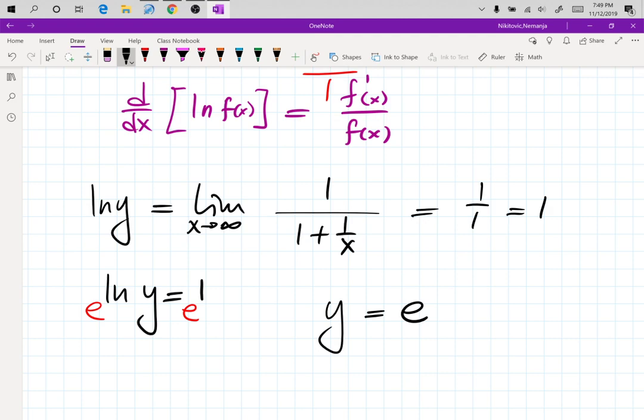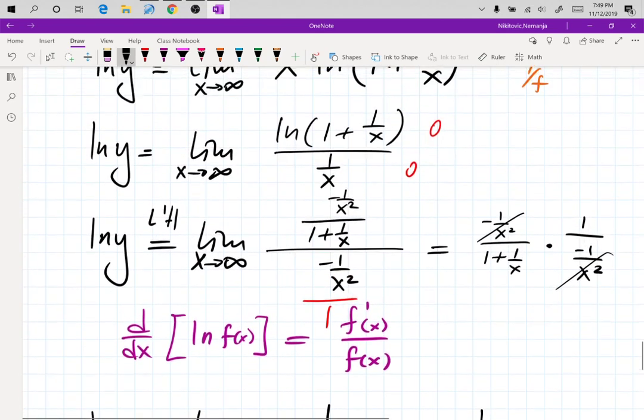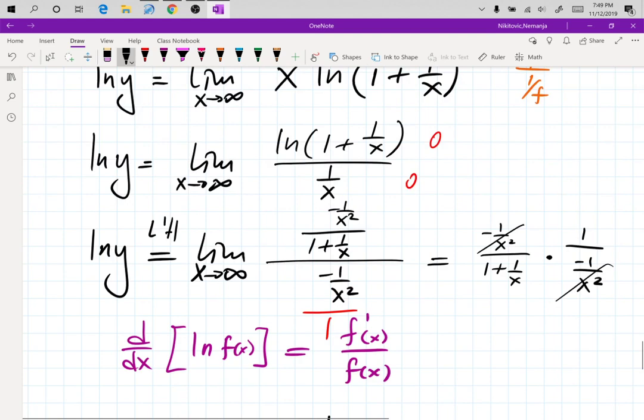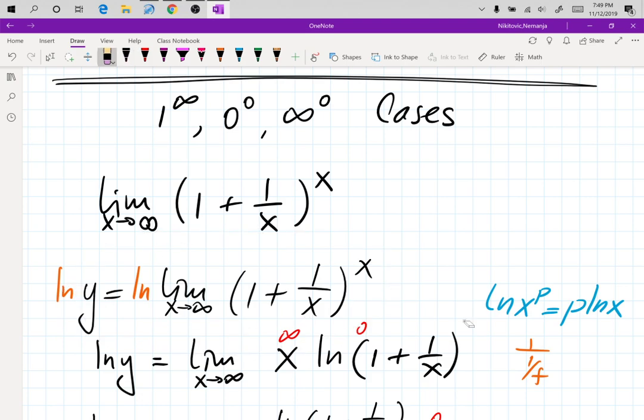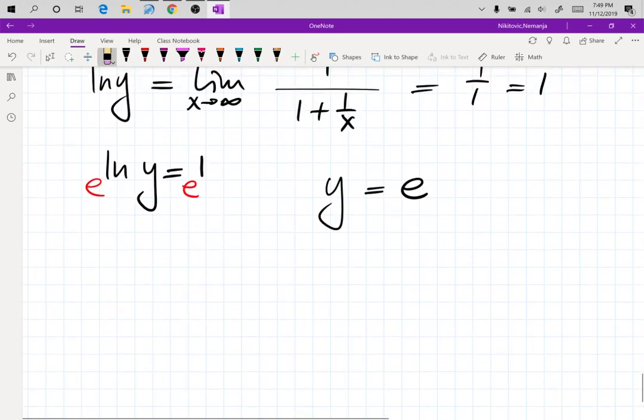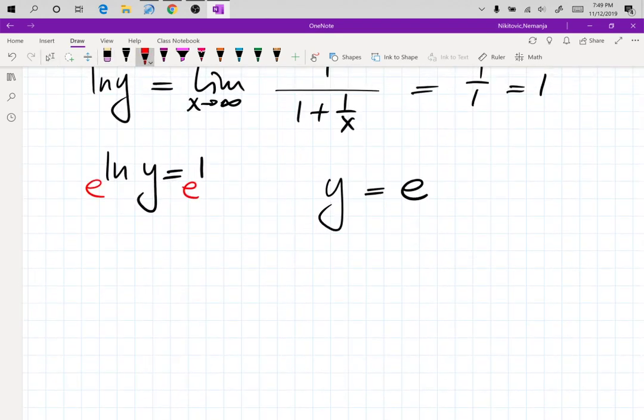Like that, we're in class. You did it. Now, from here, we know that y is equal to the whole limit. So if y is equal to the limit and y is equal to e, the limit equals e, and this becomes your definition for the number e.